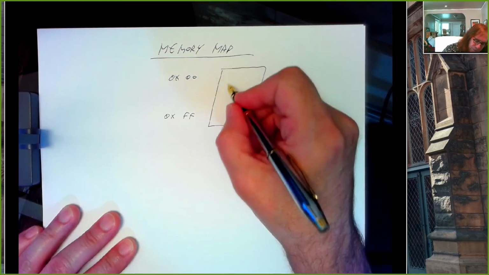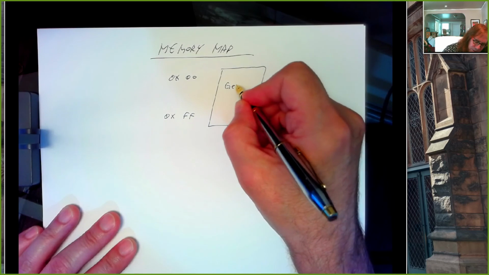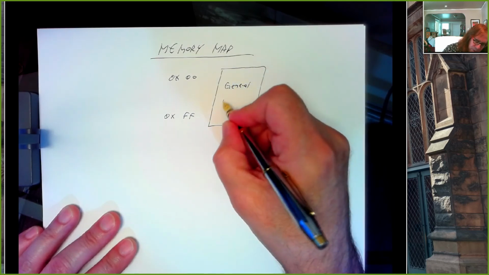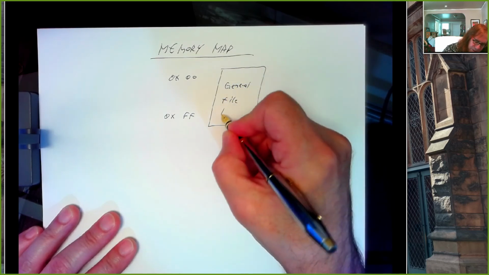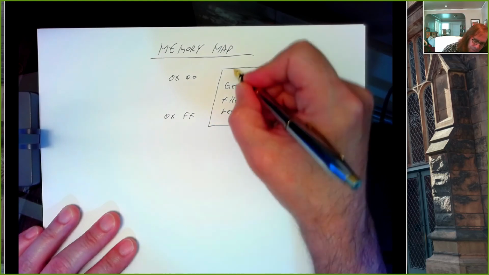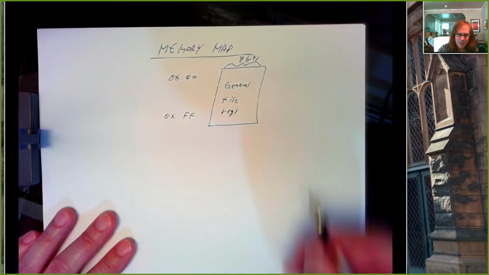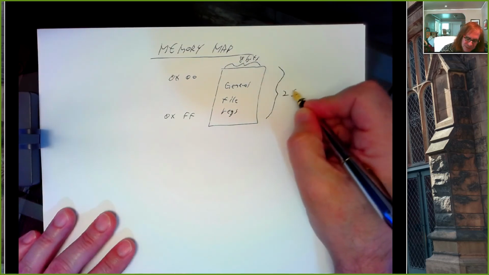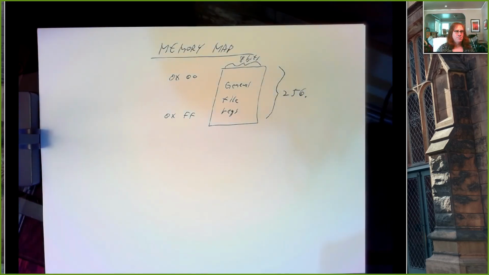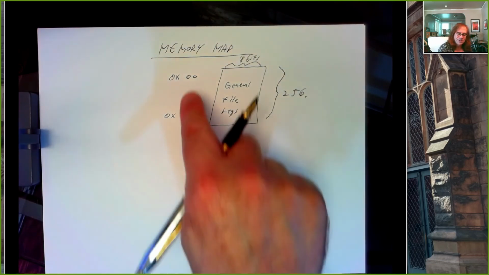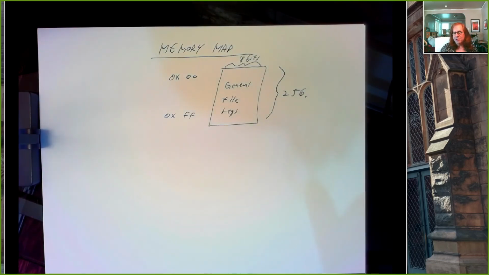Up here at the top we have general purpose registers, or general file registers. These are always 8 bits. And we have 256, that's a decimal number. We have 256 general file registers, and their addresses are from 00 through FF.